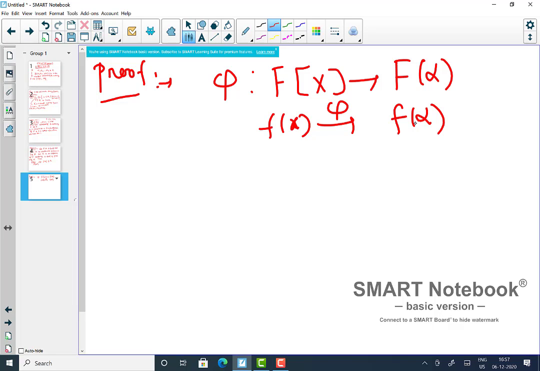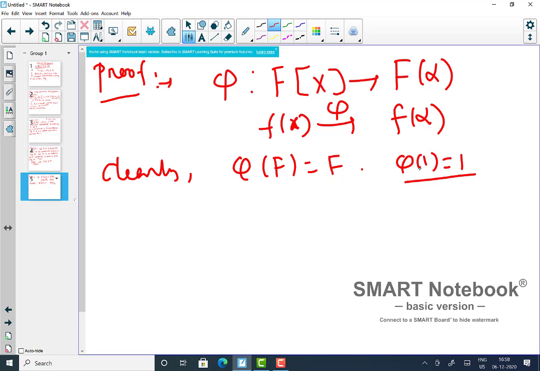And whenever you have a natural map, you can check easily that this is a homomorphism of fields. Because clearly phi of f equals f, since the constant polynomials are constant under this map, and obviously that means 1 maps to 1. So phi of 1 equals 1, and phi of any constant c equals c, right?